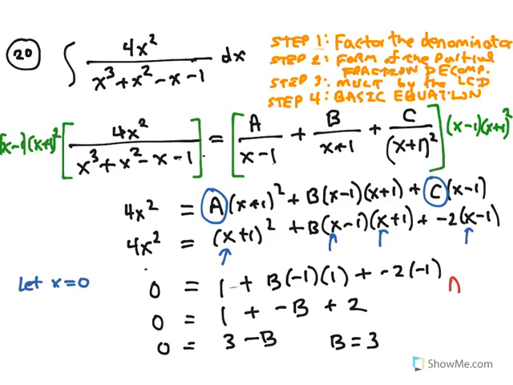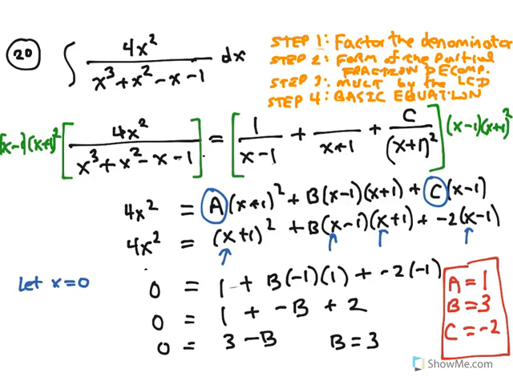So to summarize, we found earlier that a was equal to 1. We just found now that b is equal to 3, and we found earlier that c was equal to negative 2. And now that you know a, b, and c, you have completed your partial fraction decomposition, and the integrand can now be rewritten as: a is 1, so we can write 1 over x minus 1.